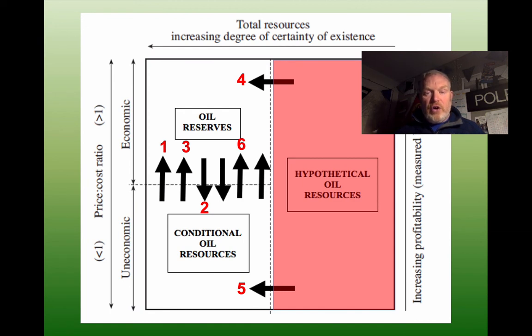So it makes uneconomic traps perhaps economic to extract. Similarly, if we use enhanced recovery, this is where we're pumping water or gas into an oil reservoir to try and squeeze as much oil out of it as we possibly can. That will increase the return and perhaps turn a conditional resource into a reserve.